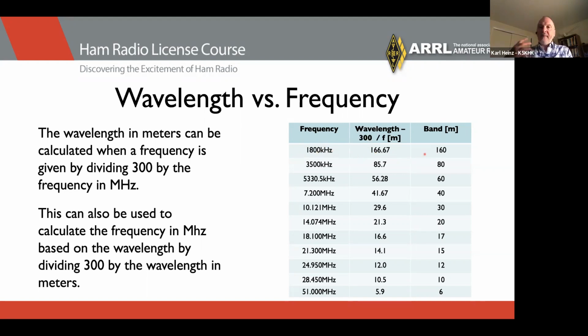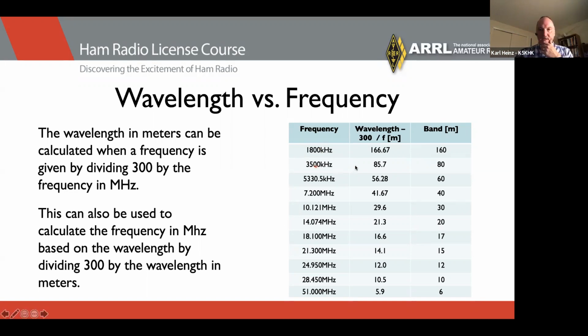So our band description is actually just the approximate wavelength in meters. It's not exact. It's just so that it's easy to say, oh, I was on the 160 meter band. You don't have to say I was on 166.67.